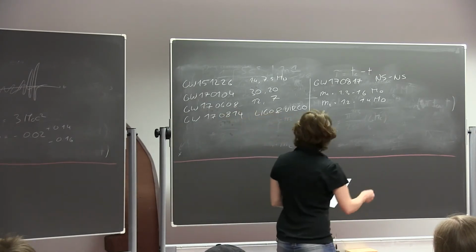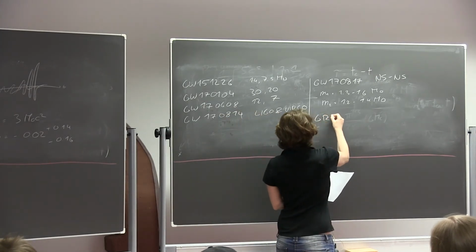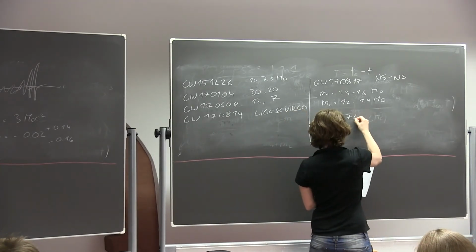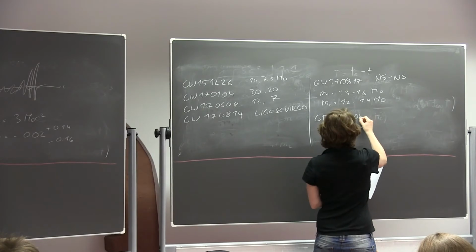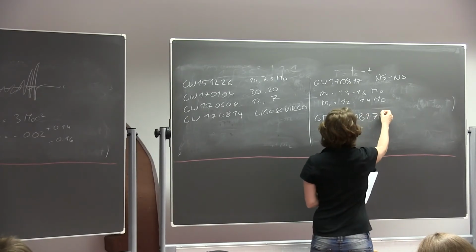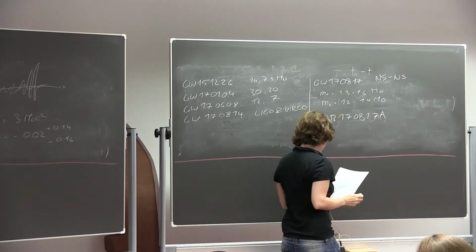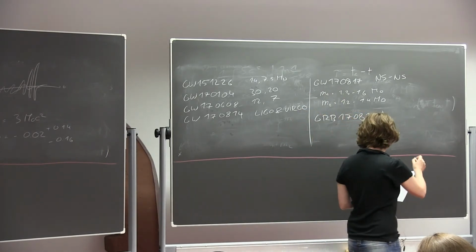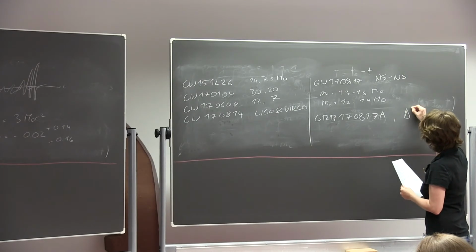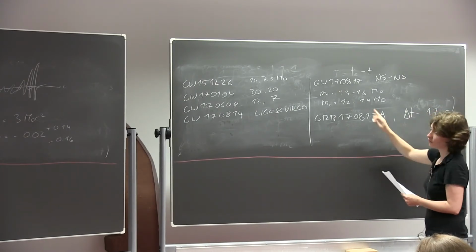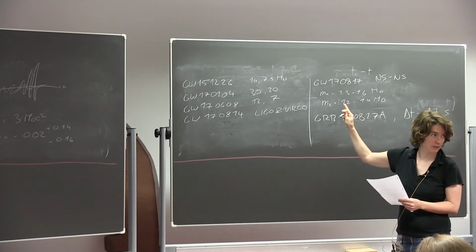And independently, by the Fermi telescope, there was an event labeled in this way. So it was a gamma ray burst, same day. And the arrival time was 1.7 seconds after the gravitational wave signal was observed.